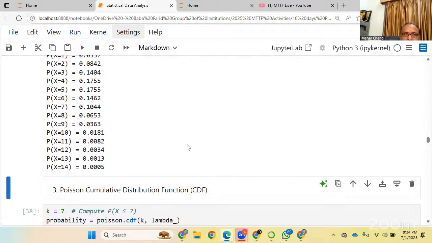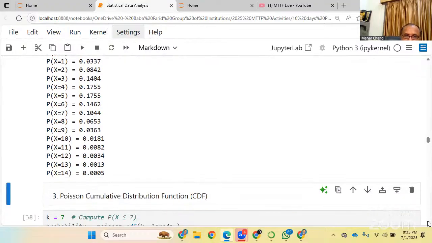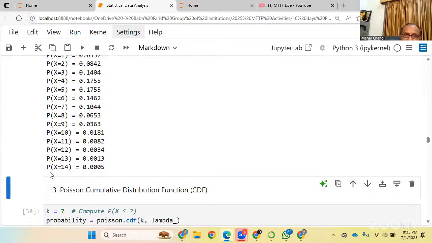So all the probabilities corresponding to this we have computed. Since it is starting from x equal to 0 and the range is from 0 to 15, in total we have 15 values. The index starts from 0 and goes up to 14, and 14 means this is the 15th.